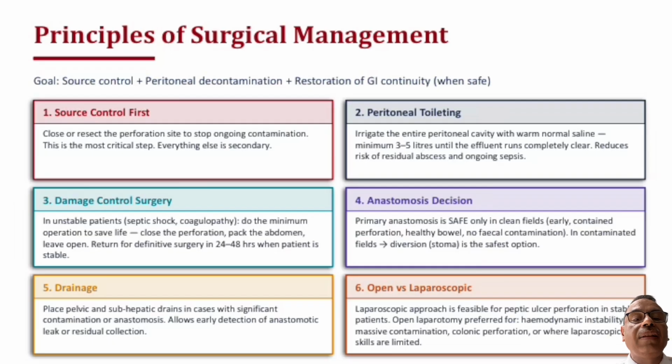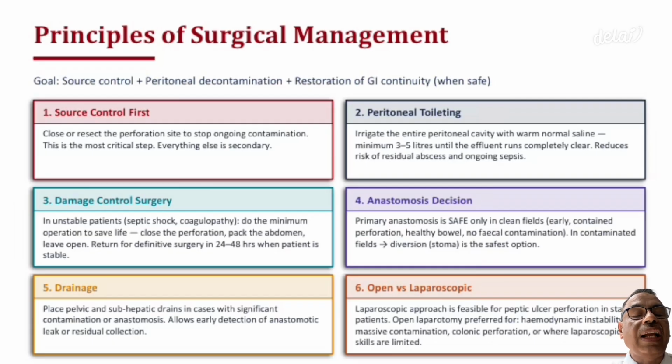Always drain the abdomen following surgery. Put a pelvic drain, which is the most dependent part, and a subhepatic drain in cases with significant contamination or anastomosis. This allows early detection of anastomotic leak or any residual collection. So drains are very important here. The surgery to be done, whether open or laparoscopic, depends on the availability of the resources and the expertise.